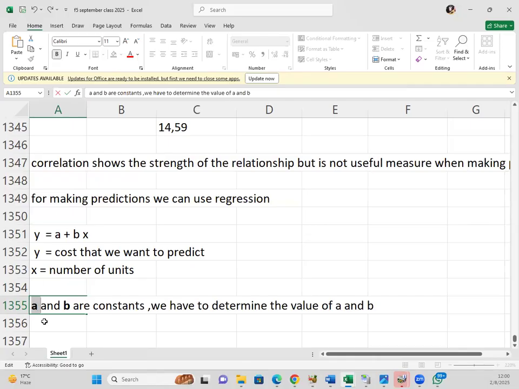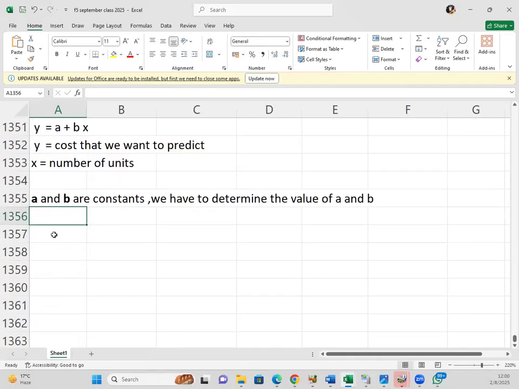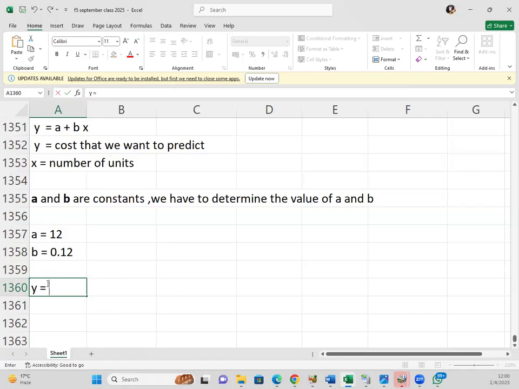So the final regression equation is supposed to be like, let's say we have calculated our A to be 12 and our B to be 0.12, then our regression equation would be y is equal to 12 plus 0.12x.